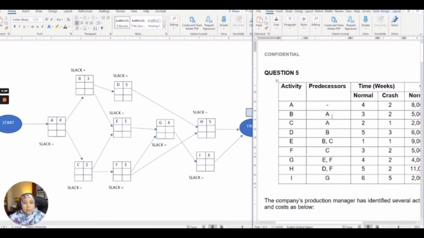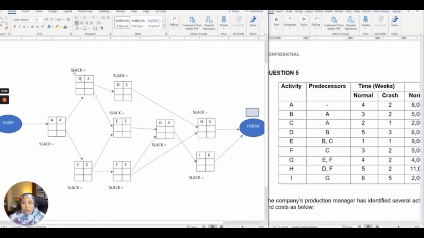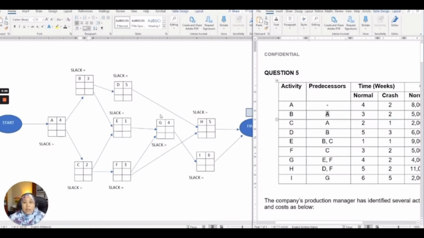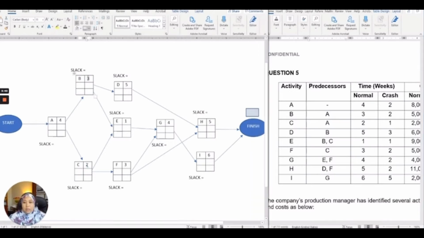For B, the predecessor is A, so the arrow comes from A to the node for B, and the estimated time is 3 according to the table. For C, the predecessor is also A, so we draw the arrow to node C, and the estimated time is 2.